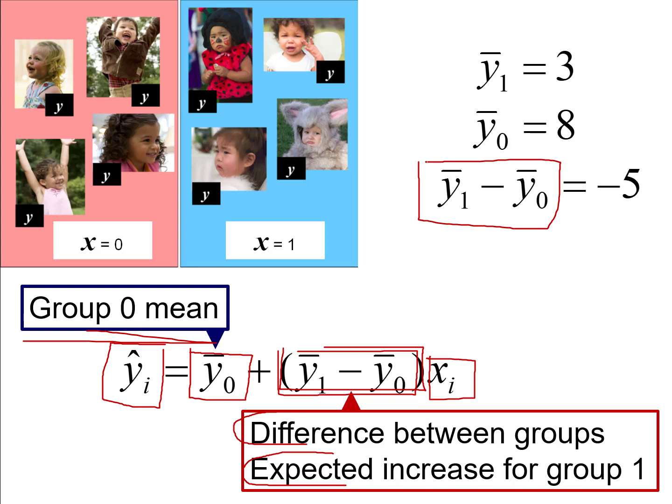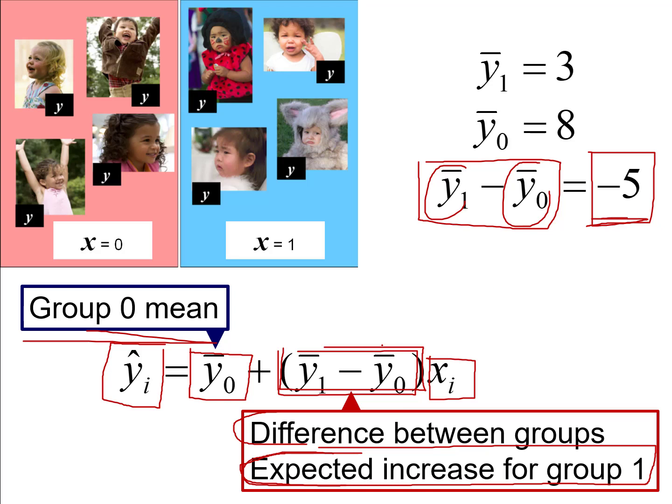So in this case, if we take the mean for group 1 minus the mean for group 0, in our example, we got a -5, meaning that happiness went down 5 points when we went from the control group to the treatment group. So we could say the expected increase for group 1 in this example was a -5. So these are the components of our equation.